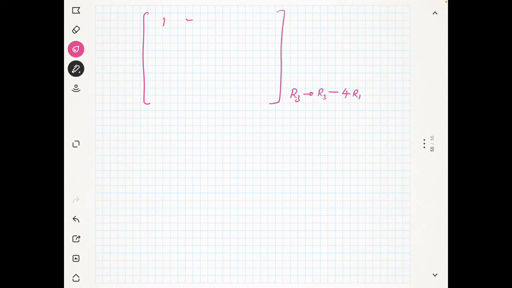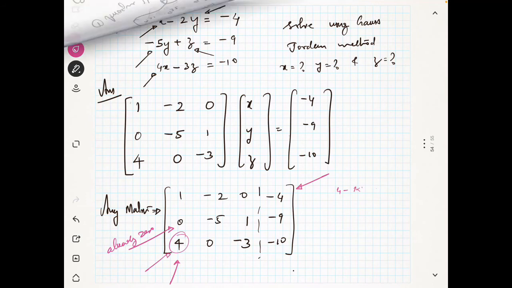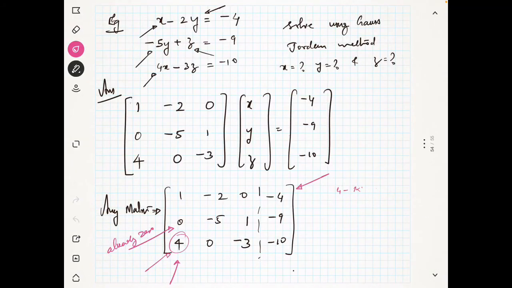So this becomes 1, minus 2, 0, no change. Then 0, minus 5, 1 and minus 9, there is no change. But here, I will take 4 minus 1 into 4. What was our conversion? Yes, it's R3 minus 4R1. So 4 minus 4 into 1 is equal to 0, right?